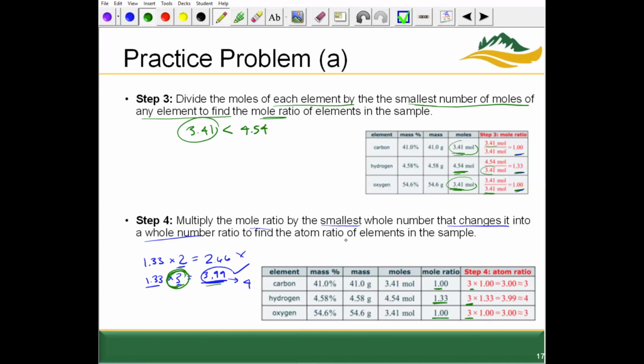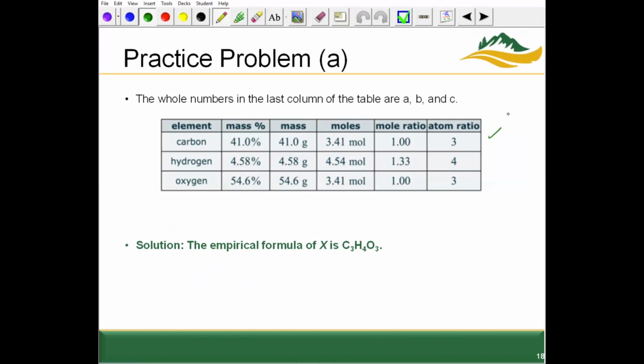You have to do this for every mole ratio that's present. We use the decimal form to figure out this 3, but then we carry it to all the other mole ratio values in the problem. So 3 times 1 comes out to a whole number, 3 times 1.33 is approximately a whole number, pretty darn close, and 3 times 1 is 3. This is what we got in step 4.